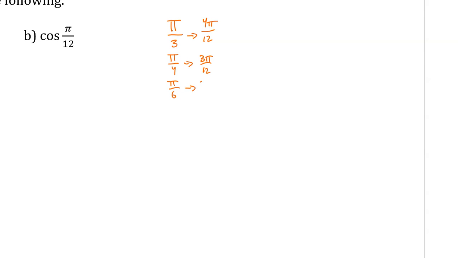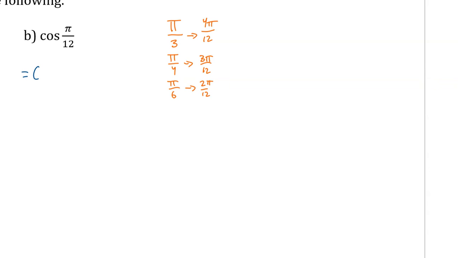Pi by 6 is 2 pi by 12. I'm going to add to this list, so leave some space there. Which of those can I use to get 1 pi by 12? Yep. 4 pi by 12 minus 3 pi by 12.